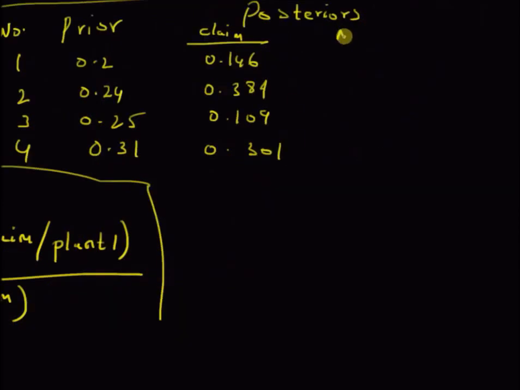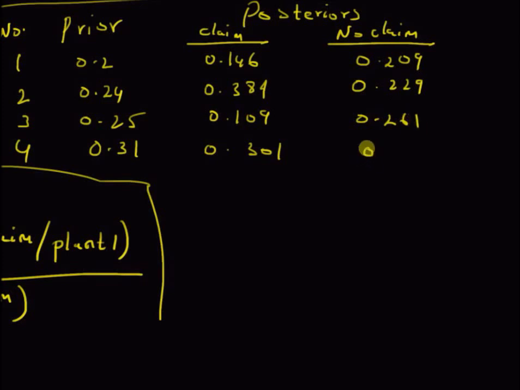And when no claim is made, the posterior probabilities are 0.209, 0.229, 0.261 and 0.306.